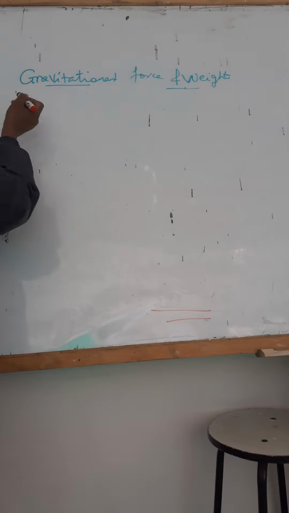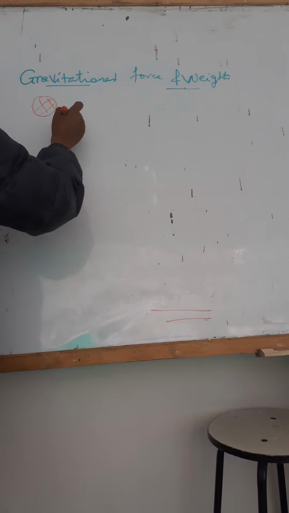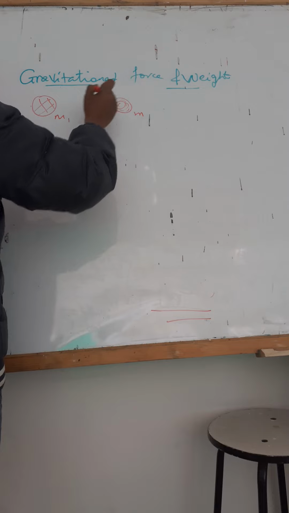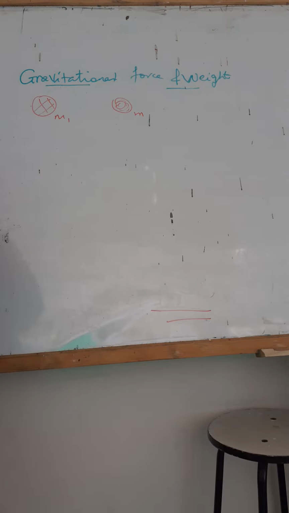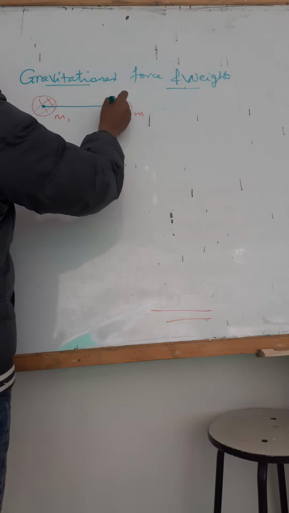Okay, so let's say we have two masses, M1 and M2, at some distance r.